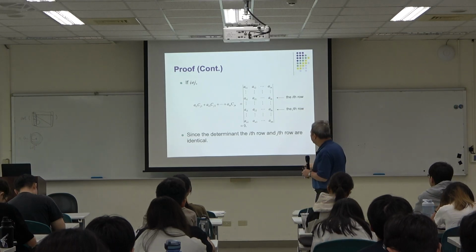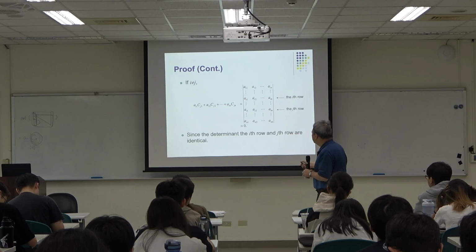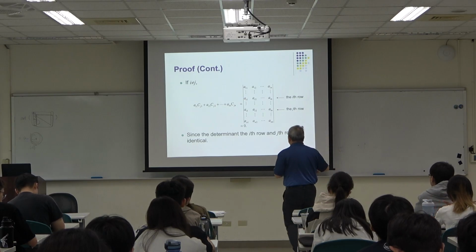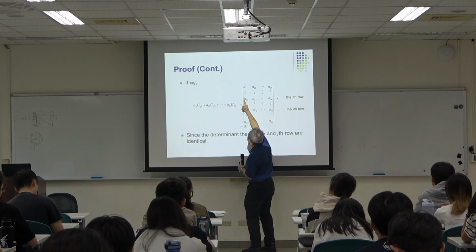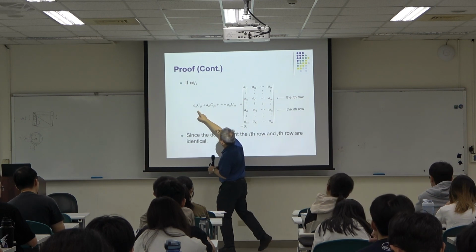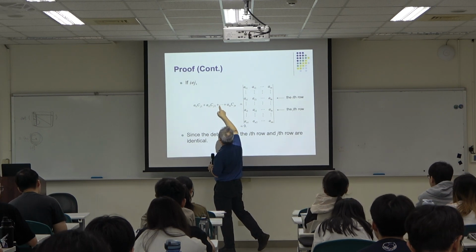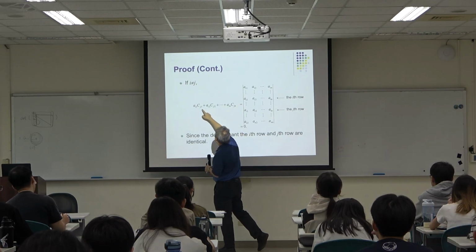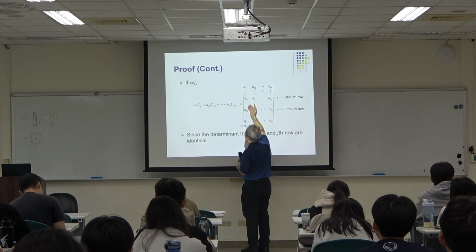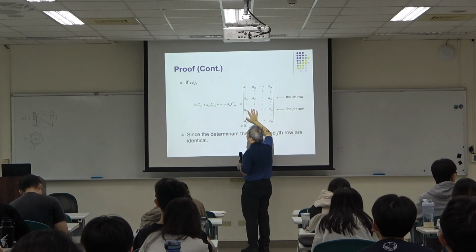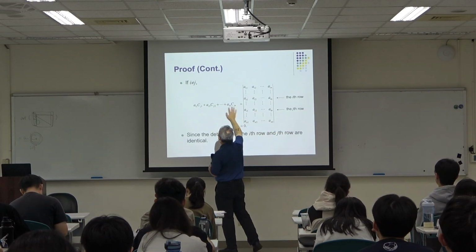And you are trying to expand through the I's row. So that's why you get AI1, AI2, AIN here. But because these two rows are identical, the other part you're getting is CJ1, CJ2, and so on.